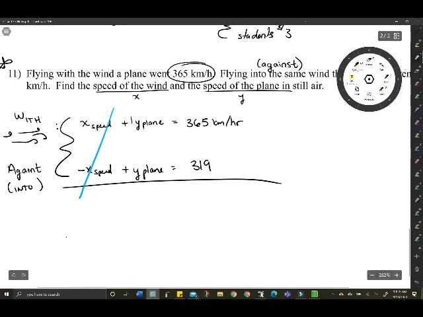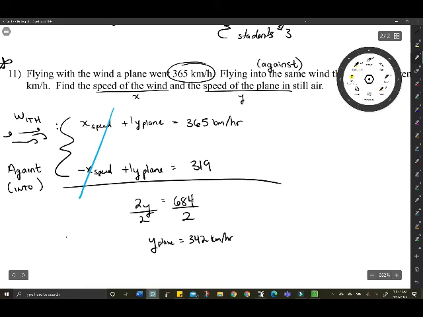We have y plus y, which is 2y, and that's going to equal 365 plus 319, 684. Okay, if we divide by 2, that means that y, or the plane speed, is equal to 342.